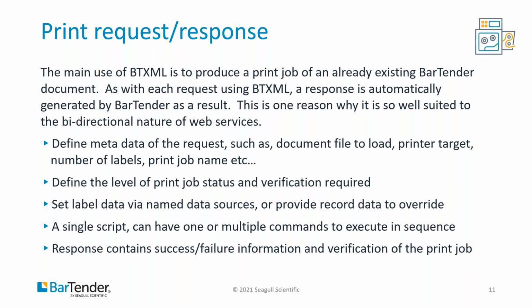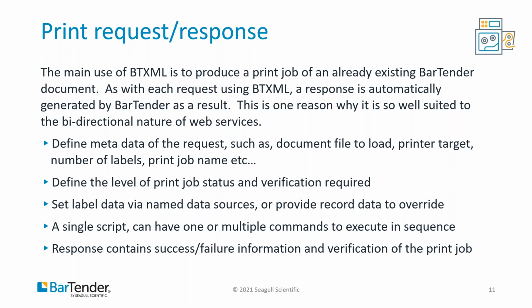We can also define the level of print job status and verification required. So as part of that request, we can say that we want to capture verification and perhaps wait X number of seconds for the printer to respond and give us that verification information.